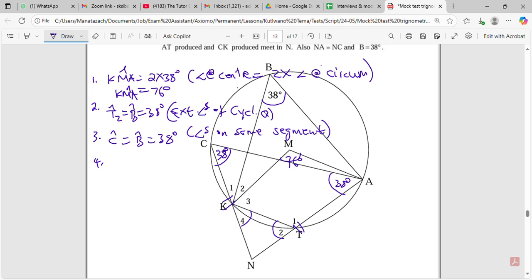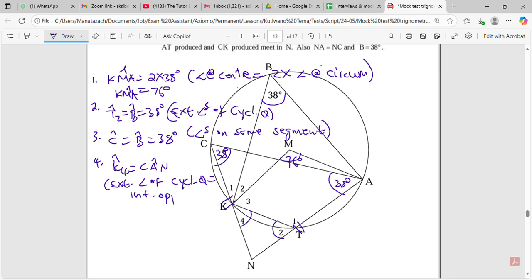So that would be K4. So we know that K4 is equal to angle A, which is CAN. Let me just write it out like that, CAN. The reason you're going to say is exterior angle of cyclic quad is equal to interior opposite angle.